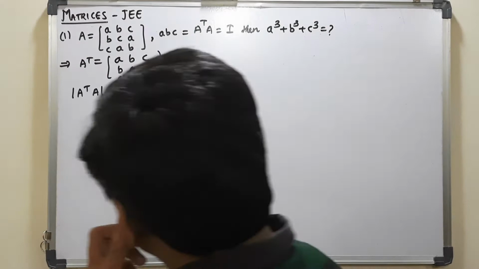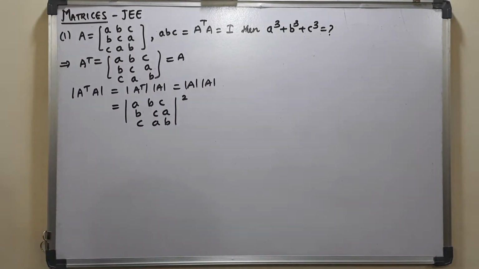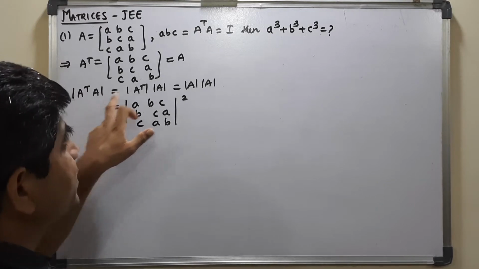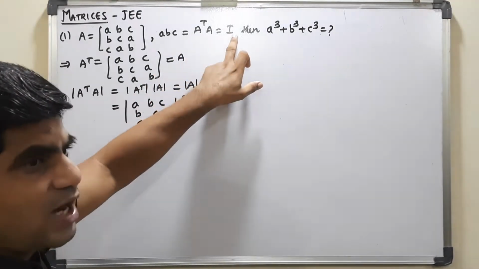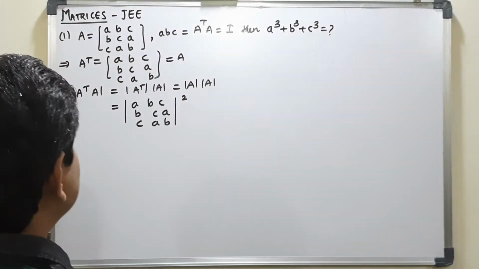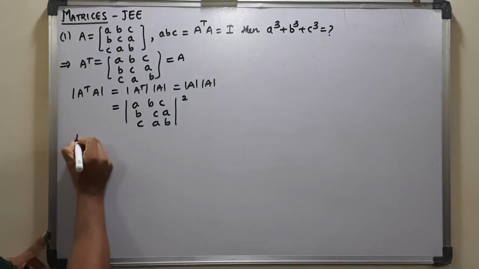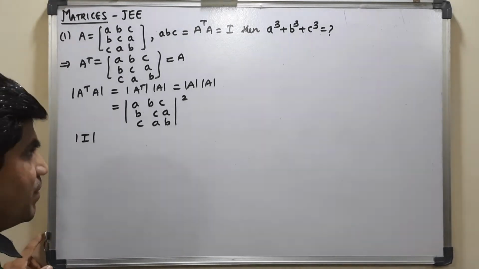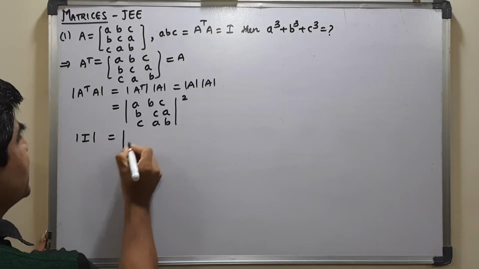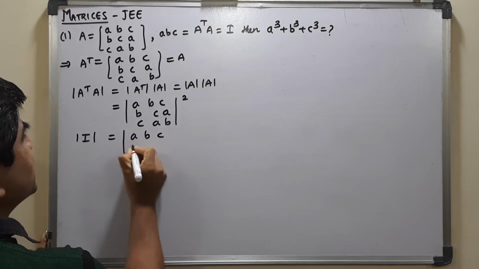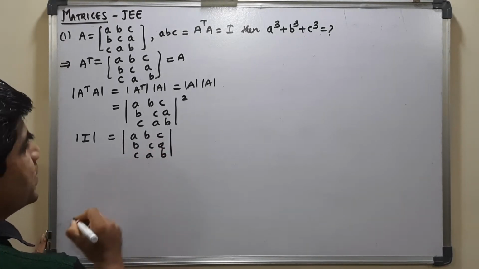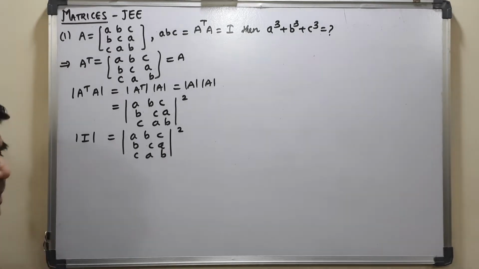But if you see this, determinant of A transpose A is your identity matrix. So what I get here, this will become your determinant of I, which is nothing but 1. So that will be nothing but ABC, BCA and CAB, the whole square.